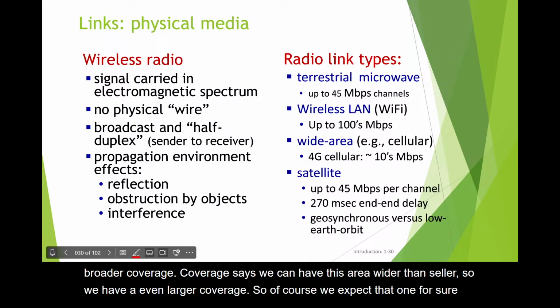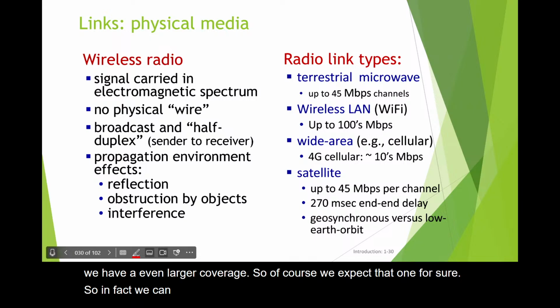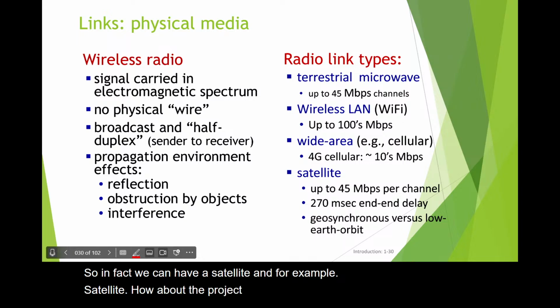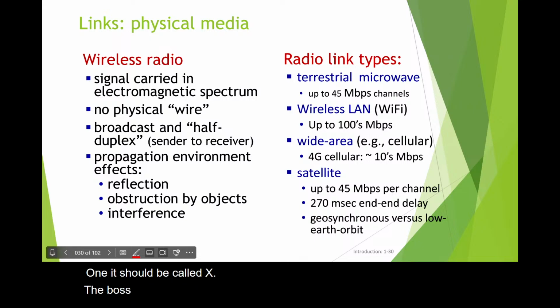So in fact we can have satellites, for example, the project by one company, it should be called X. The boss of X actually provides some projects about satellites, right?